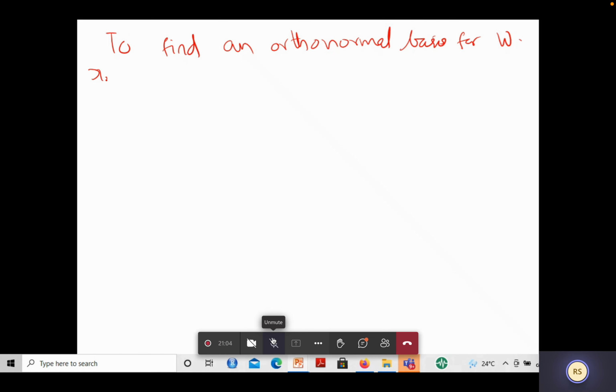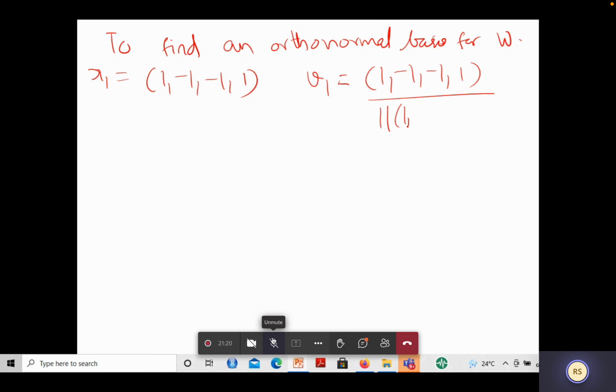x1 is 1, minus 1, minus 1, 1. Let me call v1 the normalized vector. So v1 is 1, minus 1, minus 1, 1 divided by the norm of this vector. Since it is the dot product, what is the norm?